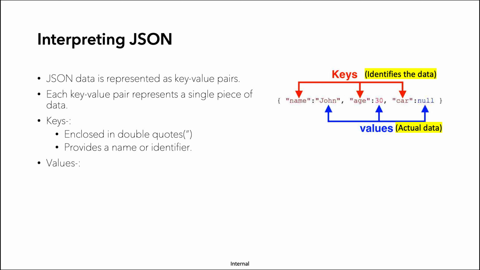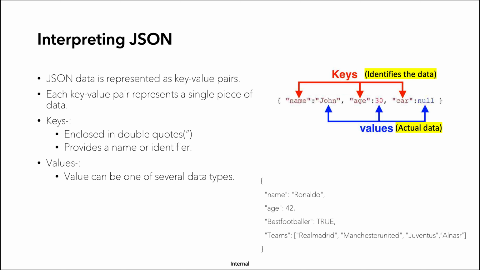Similarly, the value can be one of several data types, for example text. Let's take an example. On the right, JSON data text is a sequence of characters enclosed in double quotes.